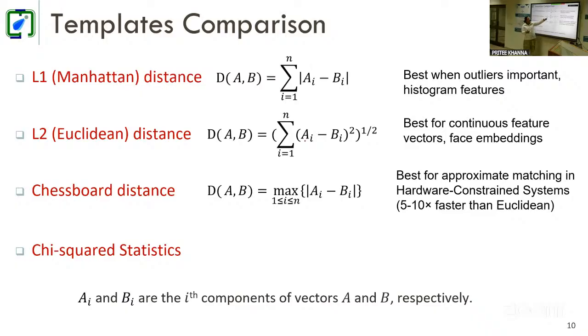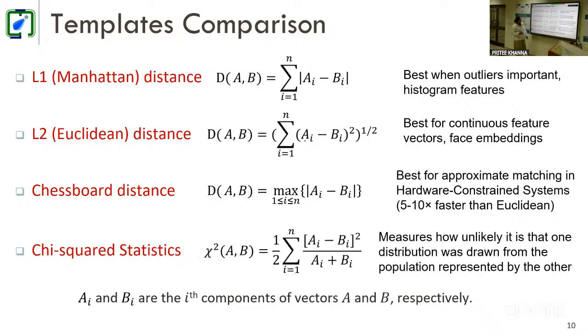Now you can understand that the L2 distance will take time, and this one is much simpler. When we need to do the matching in a hardware-constrained system where response time matters, this calculation is 5 times faster as compared to the Euclidean distance.